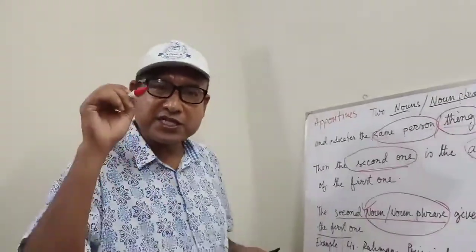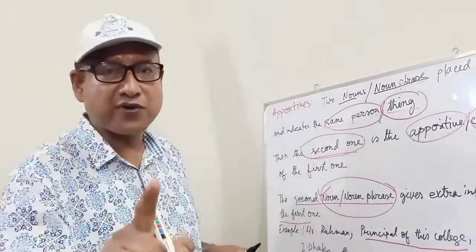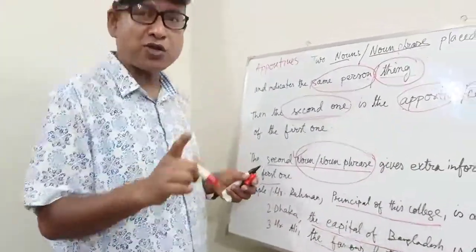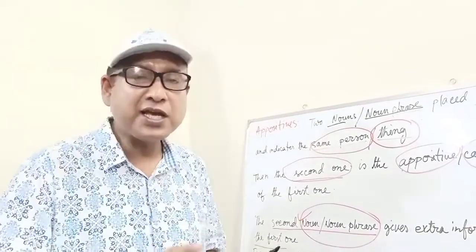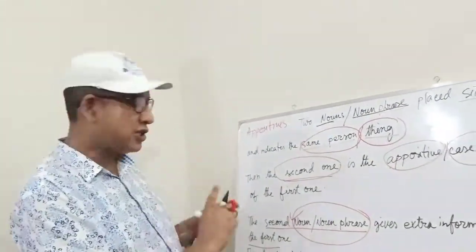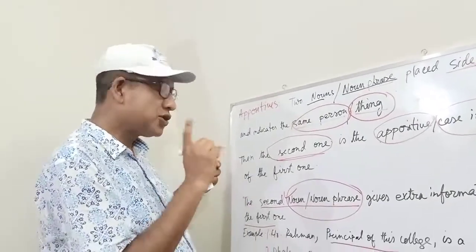The word that gives extra information is the modifier. You have to note, the second one gives extra information about the first one.